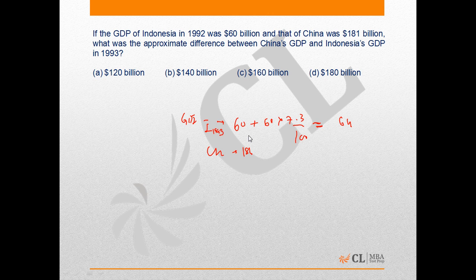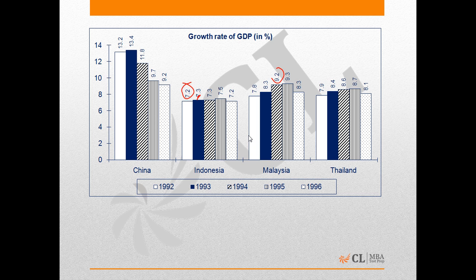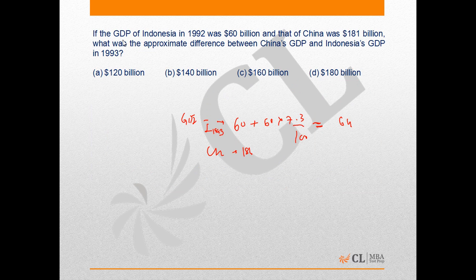and the growth rate of China in 1993 was 13.4. Therefore, the GDP of China in 1993 was 181 plus 181 into 13.4 upon 100. This is approximately equal to 205.